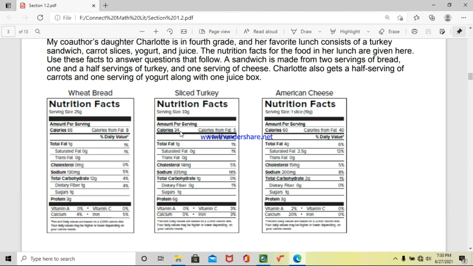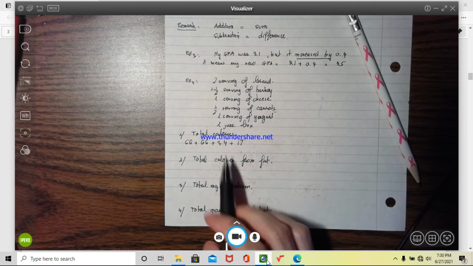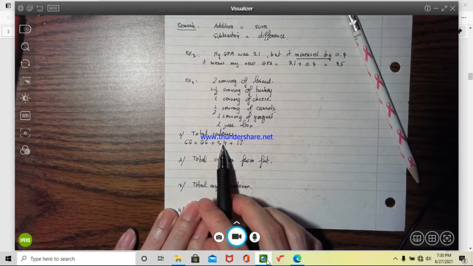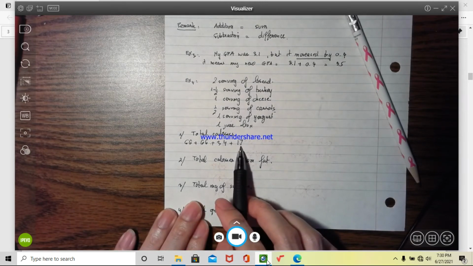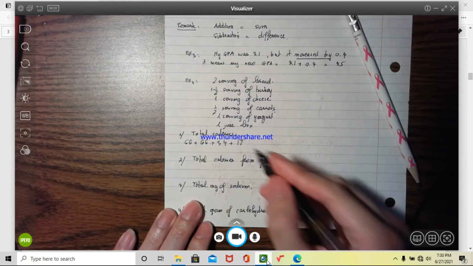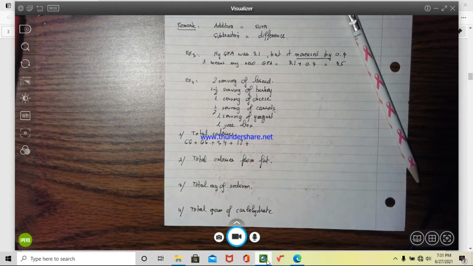So 34 divided by 2 is 17. So I have 1 serving of turkey and a half: 34 plus 17. And we have 1 serving of cheese, so I keep adding 1 serving of cheese.